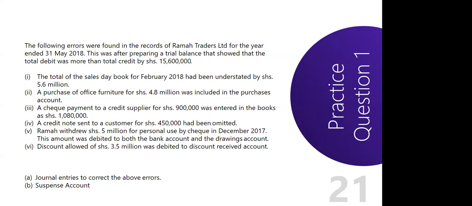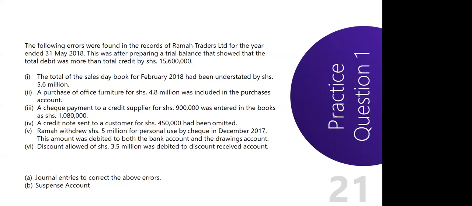And now you've presented a trial balance and it is imbalanced by 15 million.6, being that the credit side is less than the debit side by 15 million.6.